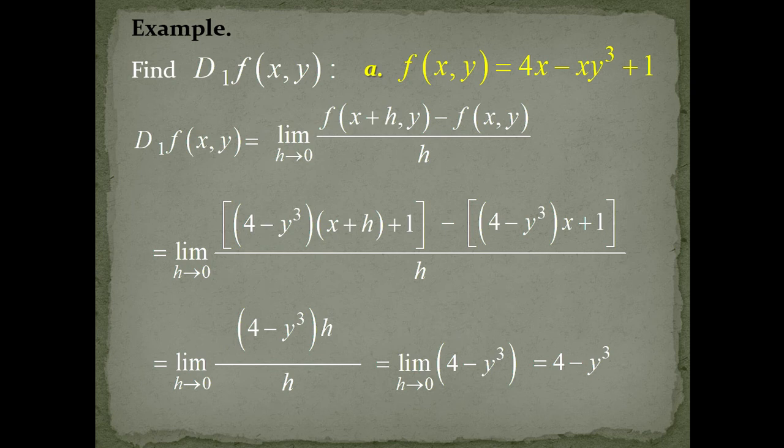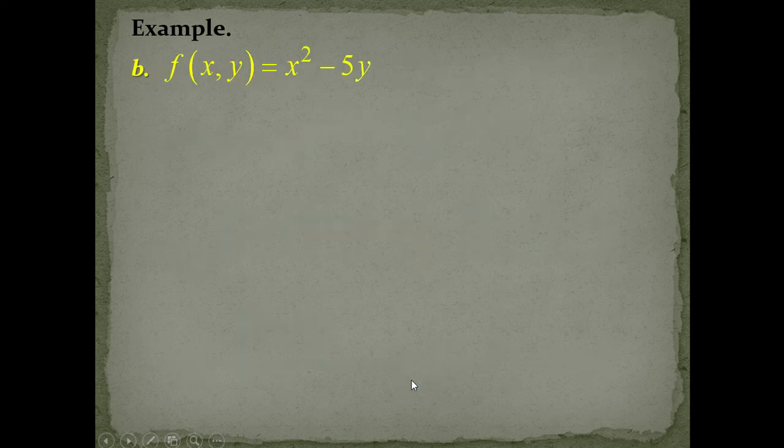If not, then just try to review them in order for you to understand how this problem is being solved. So another problem is, we're given this and still we are asked to find the D1. D1 means the partial derivative of the function with respect to x. If this is D2, it means the derivative of the function with respect to y.